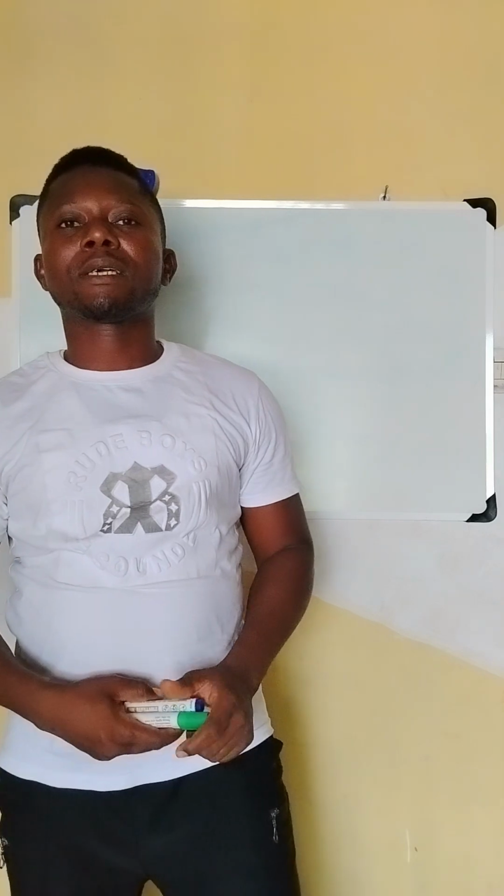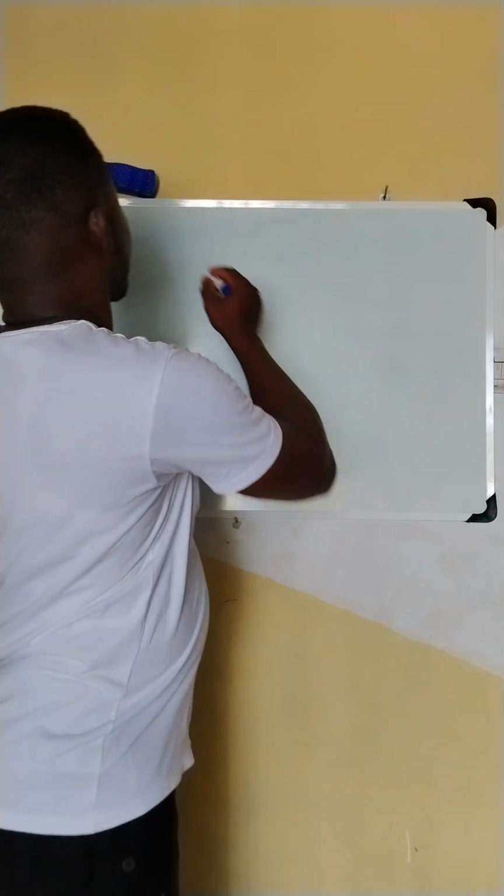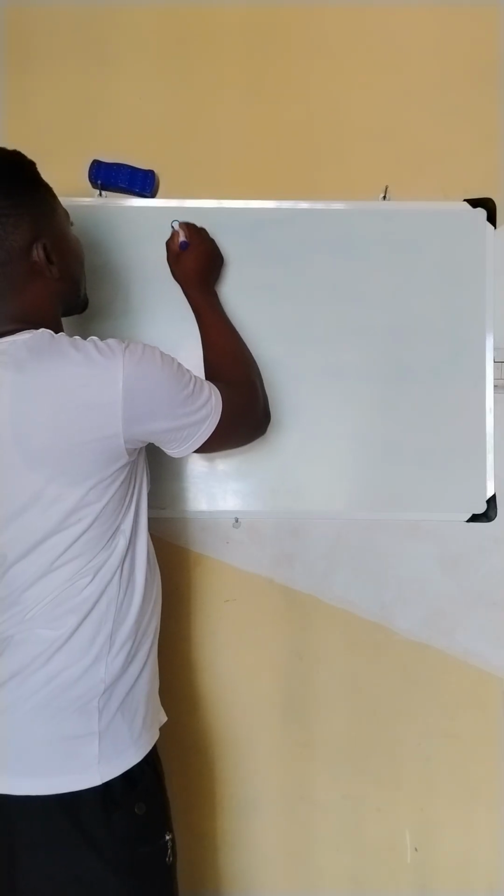Resistivity is a property of a material that determines how strongly the material opposes the flow of electric current. In simple terms, resistivity tells us how good or bad a material is at conducting electricity. Now, resistivity is represented by the Greek letter rho.